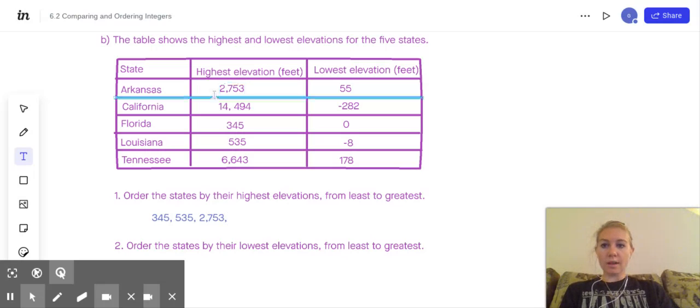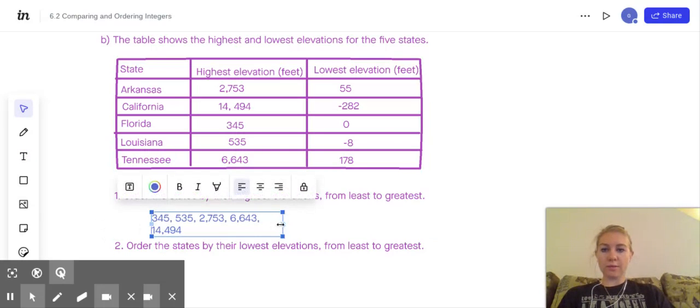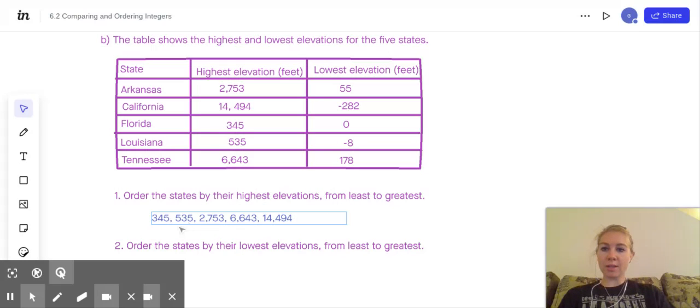Then it would be 6,643. So the highest overall elevation is in California with 14,494. Oh, there it is, couldn't find my cursor. Then I'm just going to look over my numbers, make sure they're really from the smallest to the biggest, the least to greatest. Okay, looks good.